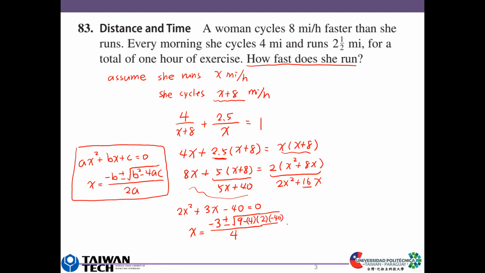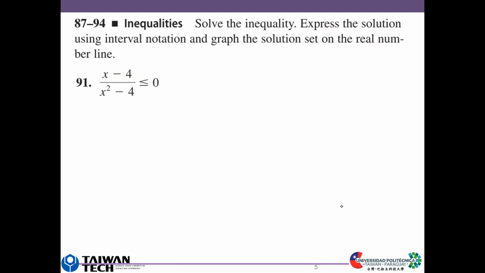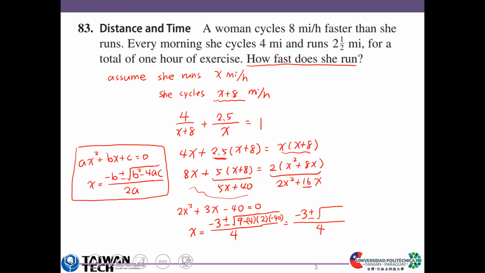Okay, so it turns out it is 4, minus 3 plus minus square root of 9 plus, because minus minus becomes plus, 320. It's 4 times 8 times 40, which is 320. It becomes 4, minus 3 plus minus square root of 329.